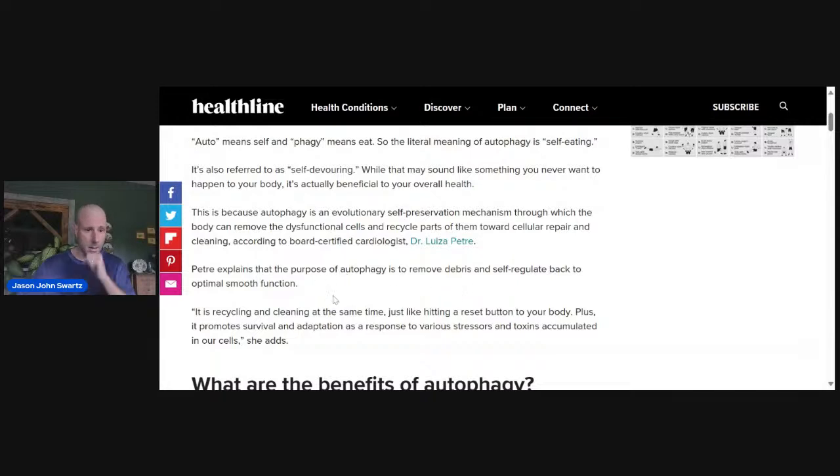This person explains the purpose of autophagy is to remove debris and self-regulate back to optimal smooth functioning. It is recycling and cleansing at the same time, just like hitting a reset button on your body. Plus, it promotes survival and adaptation as a response to various stressors and toxins that are accumulated in your cells.